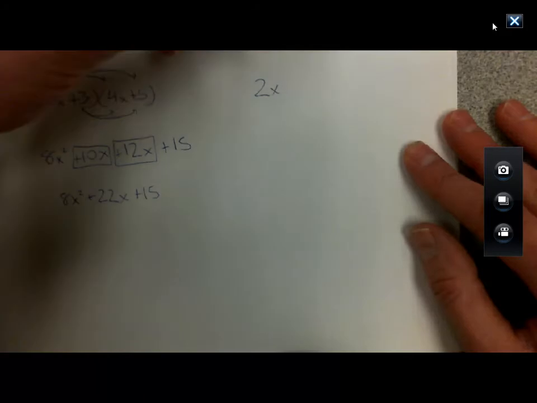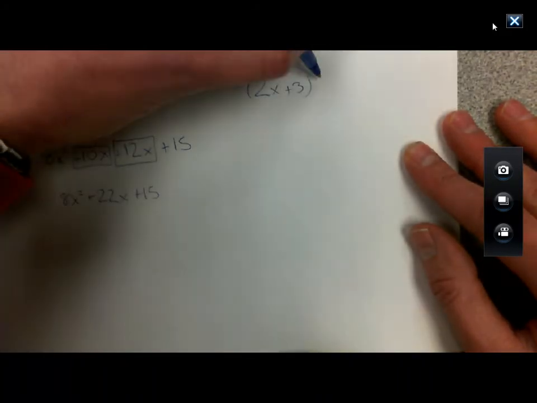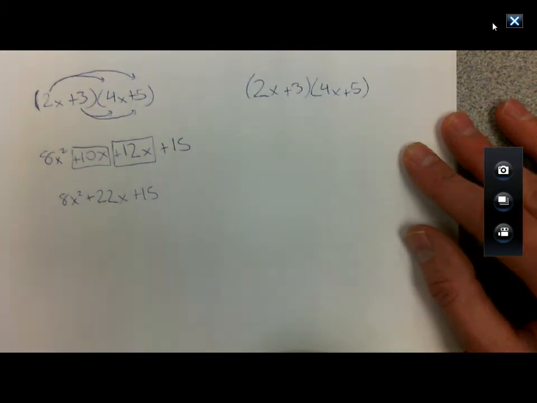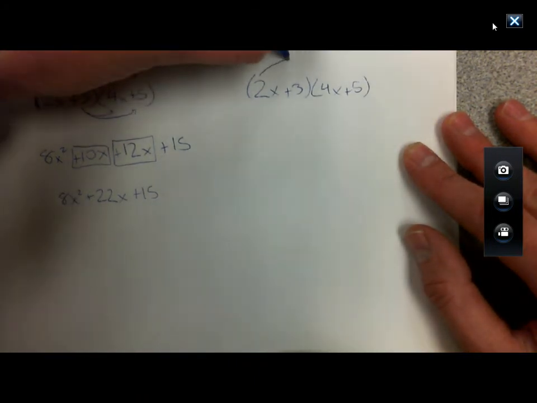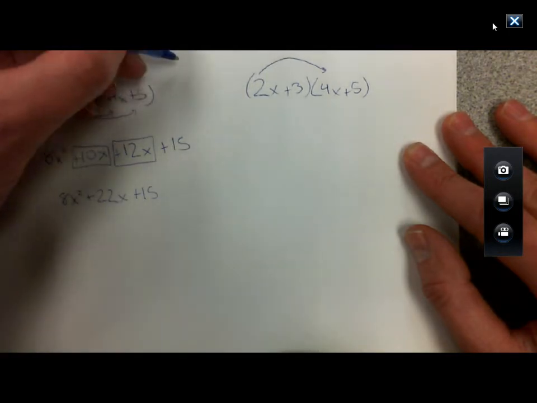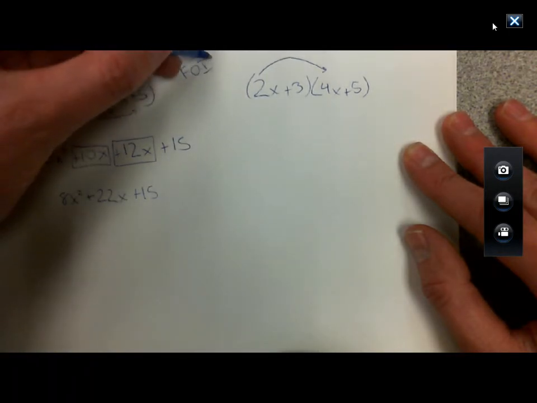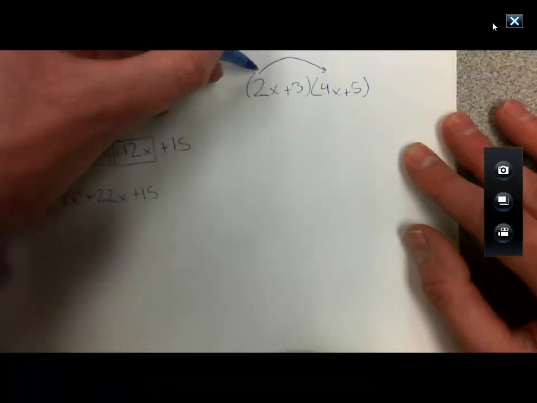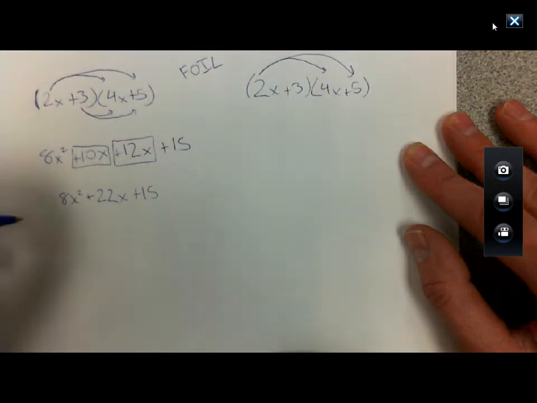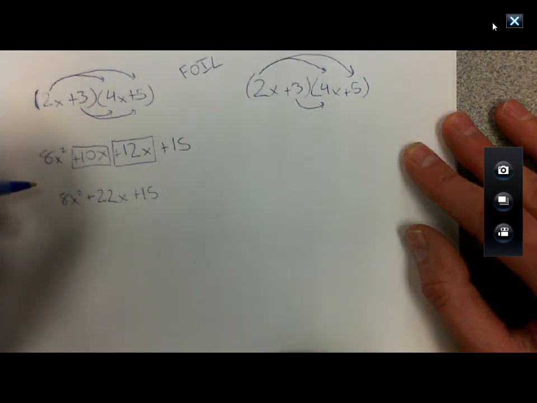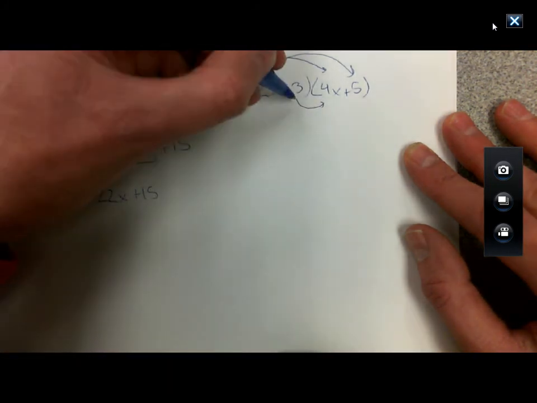So if you use the same problem, 2x plus 3 times 4x plus 5, FOIL says that you do the first term times the first term, and then the outside terms, so 2x times 5. This is looking similar, familiar. Inner terms, those two being multiplied together, and L, the last terms.